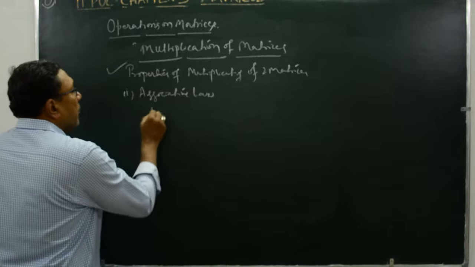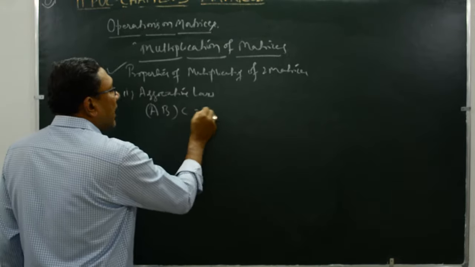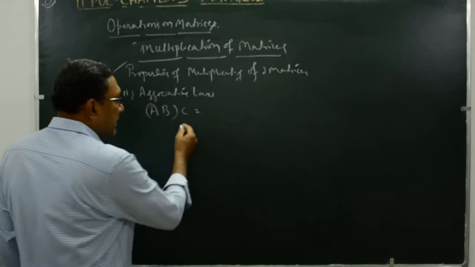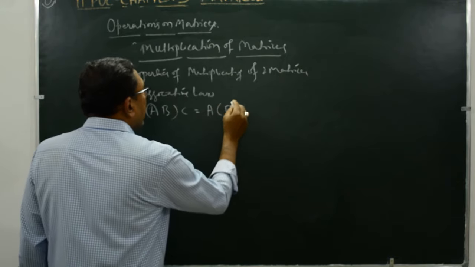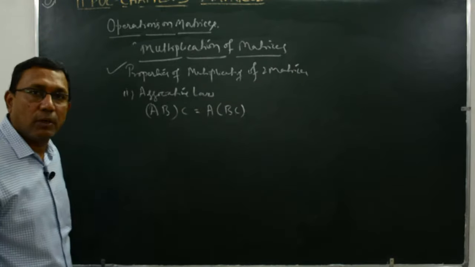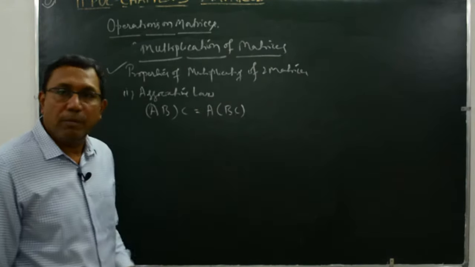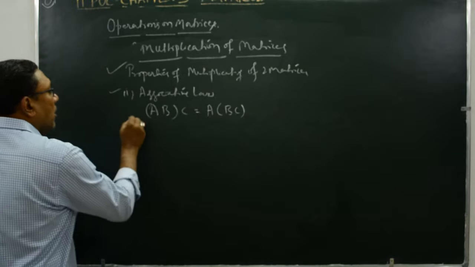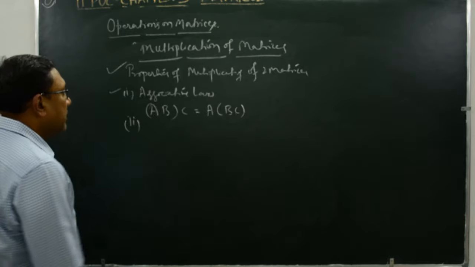When you have matrices A, B and C, the associative law holds good. That is, AB into C is also A into BC. This is the first property of matrix multiplication.